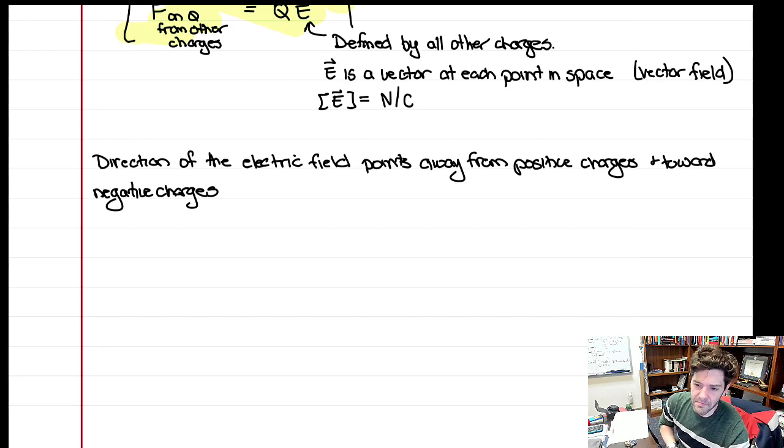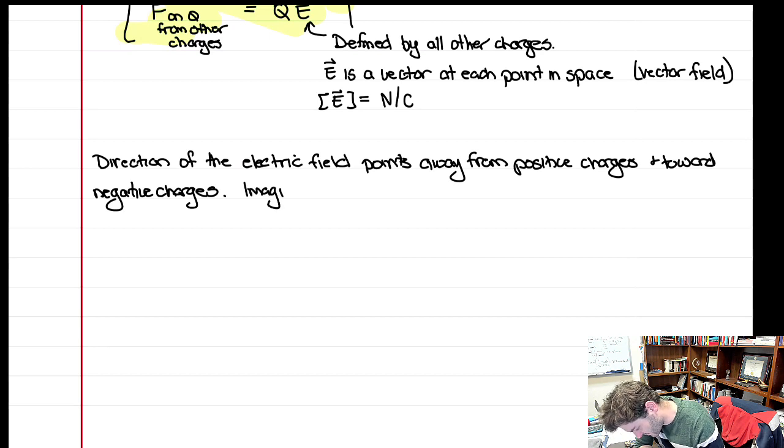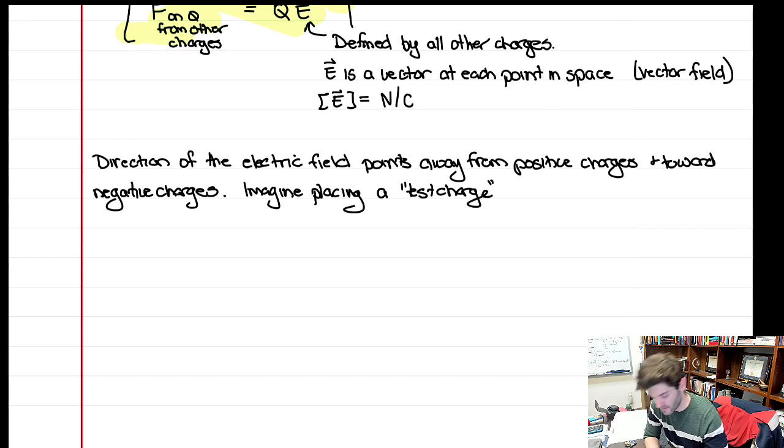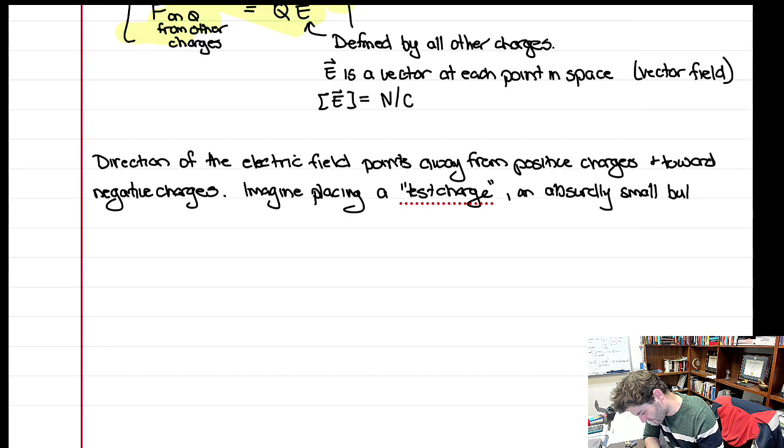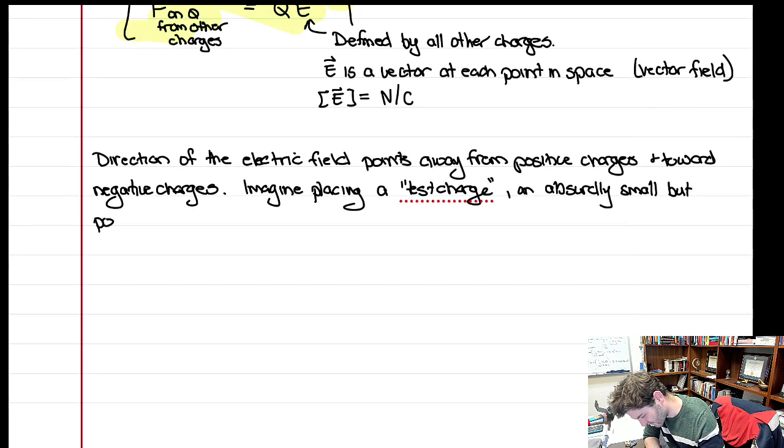And you can do this by imagining placing what's called a test charge, which is an absurdly small but positive charge. I'll elaborate on what that means in a second.